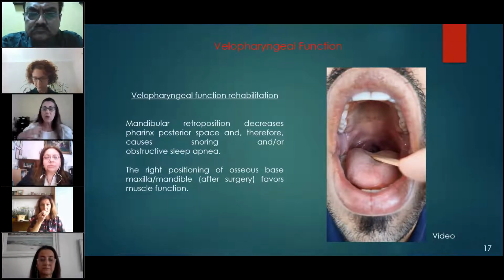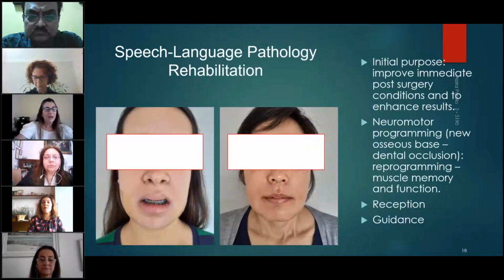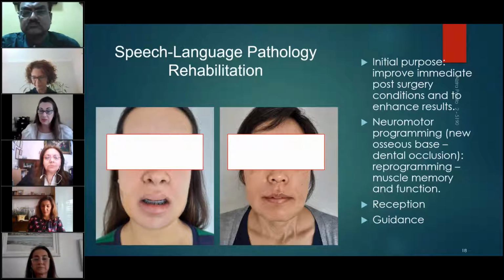This patient is post-surgical class 2 and has already been discharged. I receive patients in the first week after surgery to start follow-up and to improve recovery and functional results. My job is to facilitate reorganization, to change neuromotor patterns, to reprogram new muscle functional memory.